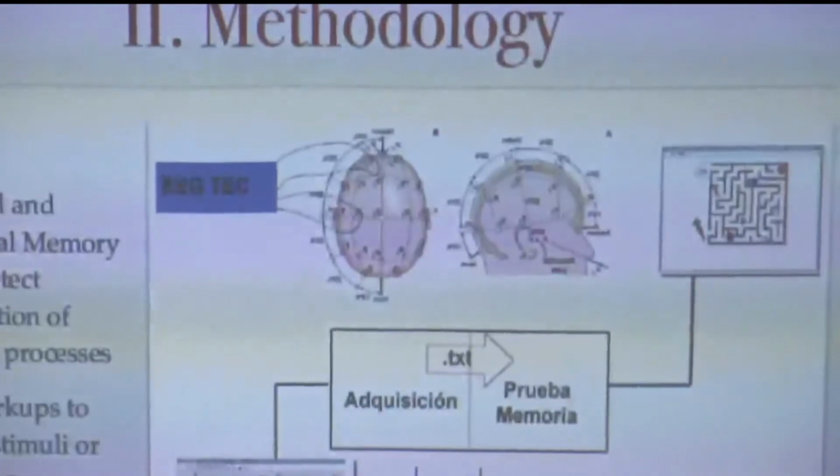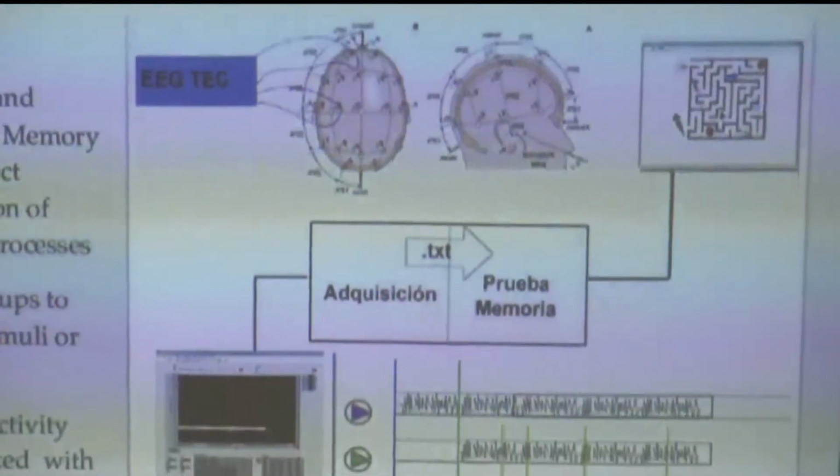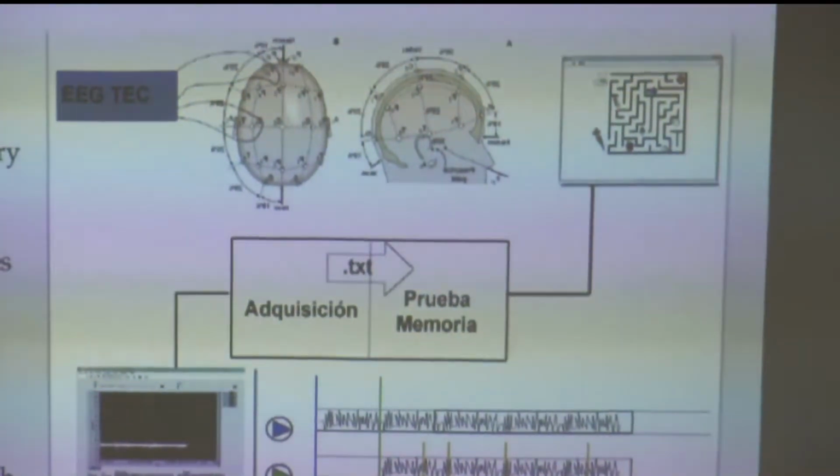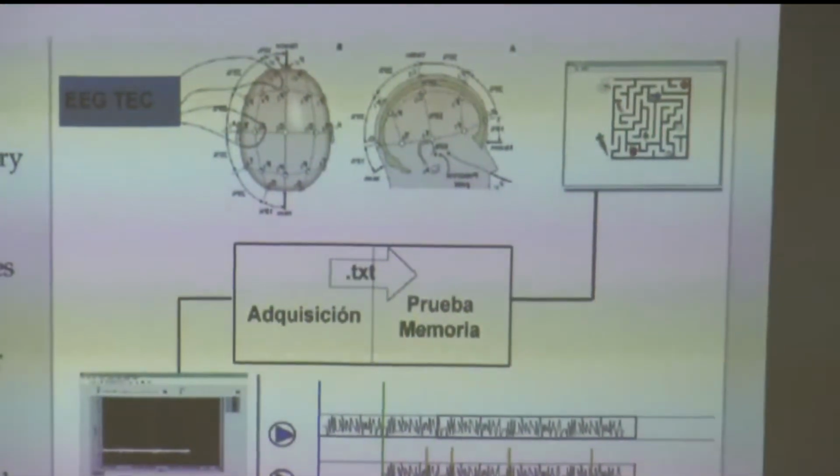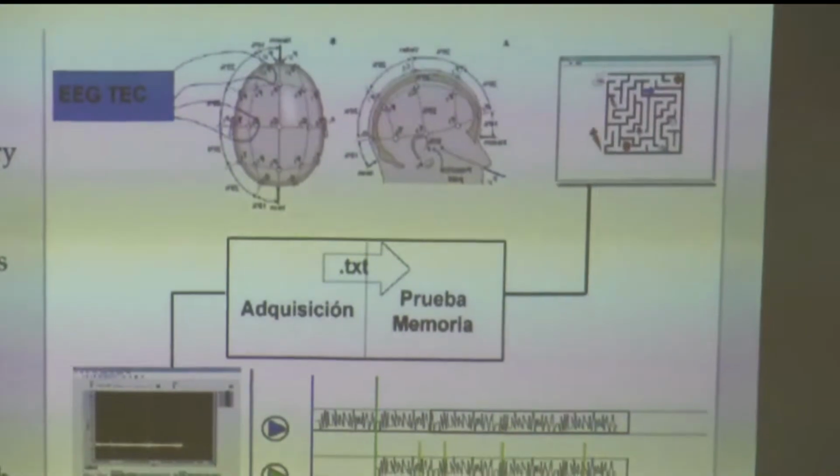It's synchronized with LabVIEW by Bluetooth. I don't remember the brand right now, but the commercial brand is huge. This one is a pocket version, like maybe a cell phone, a little bigger.